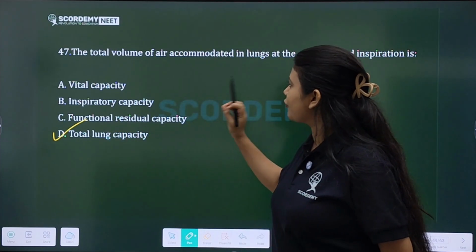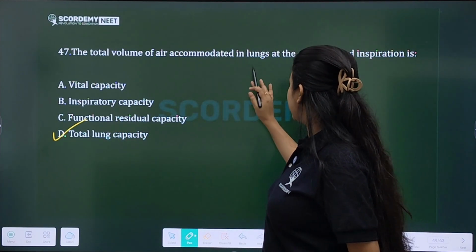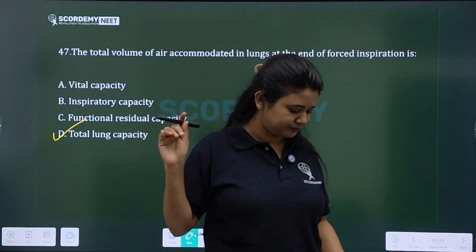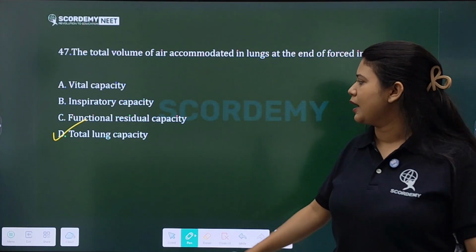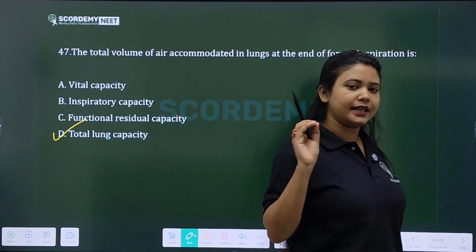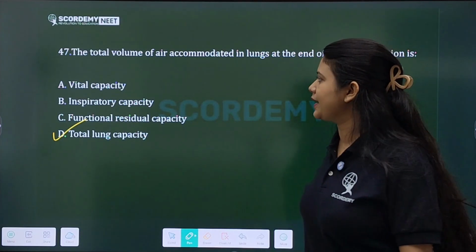That means this is the total volume of air accommodated in the lungs at the end of your forced inspiration. And by total lung capacity, it means it includes all the lung volumes, all right, okay.